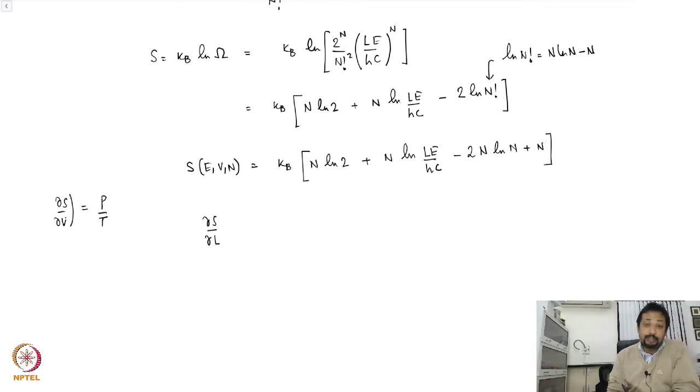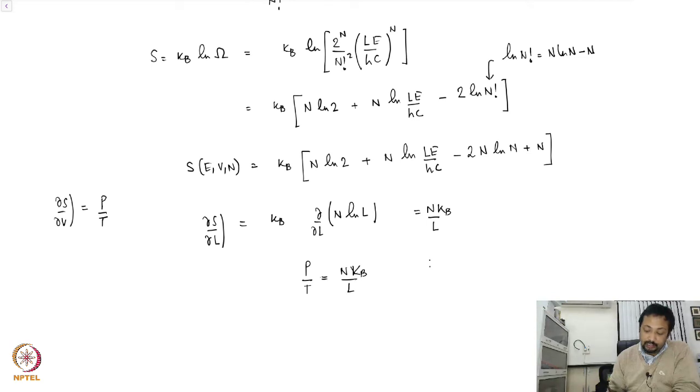But here the volume is replaced by the length L, and del S del L is going to be k_B times del del L of n ln L. The rest of it does not depend on L, so the derivative is 0, so essentially you have n k_B over L, so that the pressure P by T is going to be n k_B over L, and you have the ideal gas law, which is P by T equal to rho times k_B, or pressure is rho k_B T. You recovered that very nicely.